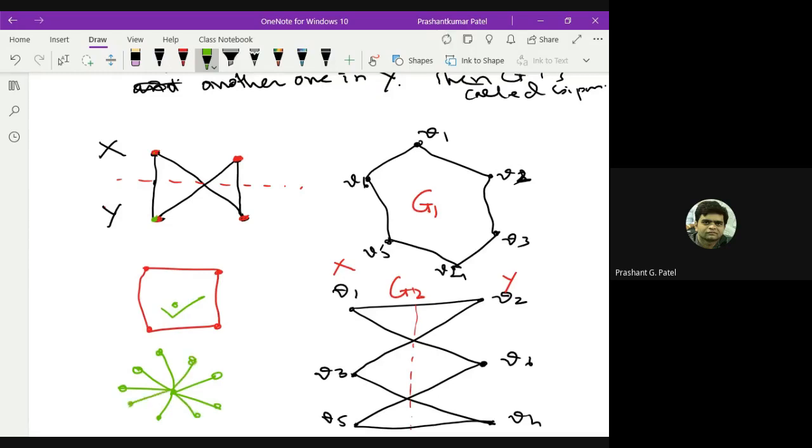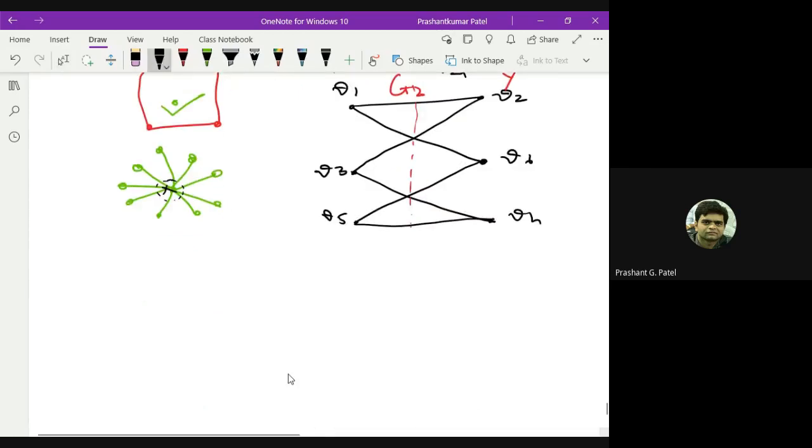In this case, X is this portion. X contains only one vertex, and all others are in Y. So the vertices have been partitioned into two parts. It is called a bipartite graph in such a way that every edge has one end in X, another one in Y.